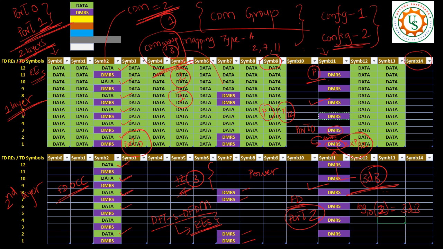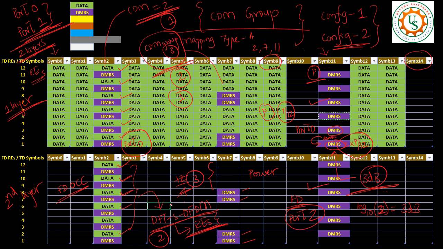There is a gap in between. So this doesn't satisfy the required condition for DFT-s-OFDM. For DFT-s-OFDM, you need continuous RE allocation. So whenever DFT-s-OFDM is enabled, you can only opt for CDM group number 2. Okay, I think that is one important aspect which I wanted to mention.